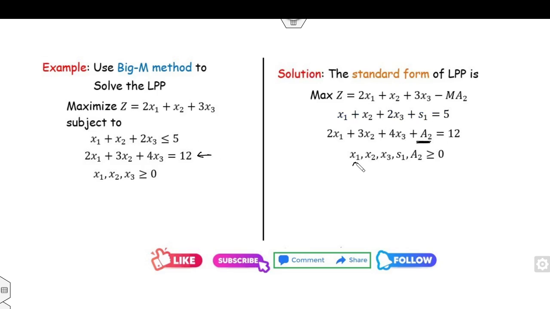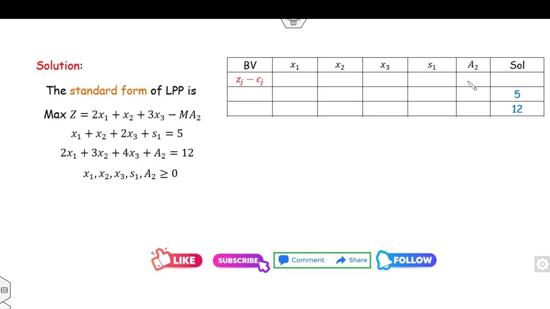Now how many variables do you have? There are 5 variables, so you can write these values. This is my right hand side. What is the value of x1? 1, 2. x2 is 1, 3. x3 is 2, 4. s1 is 1, 0. a2 is 0, 1.